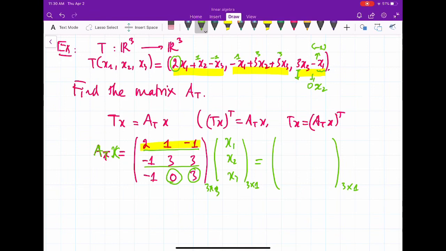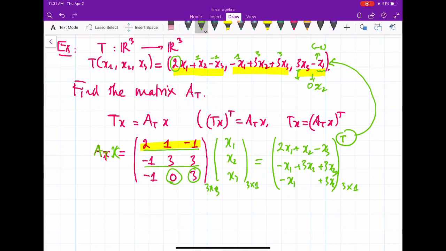When you multiply them, you have 2x1 + x2 - x3, and then -x1 + 3x2 + 3x3, and -x1 + 3x3. So if you take the transpose of this, you get exactly what we have here.